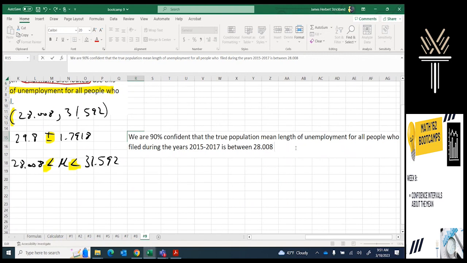I'm going to use the word and not be so lazy there. 31.592 weeks. And there we are.